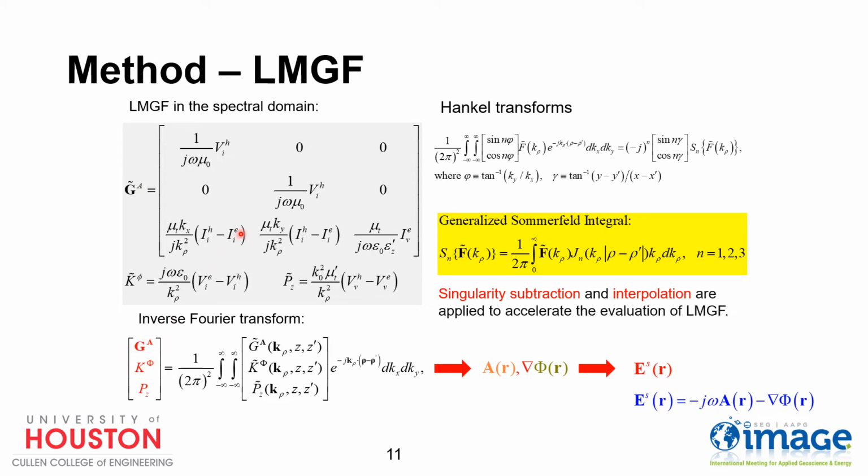So first we use the inverse Fourier transform together with some field identities to transform the spectral domain layered medium Green's function to the spatial domain. Then we can calculate the potential identities using the layered medium Green's function. And finally, we can use this mixed potential form to get the scattered electric field.